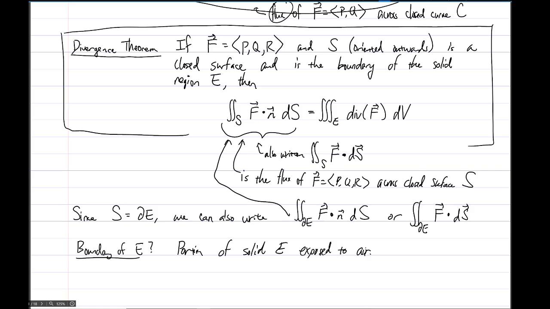Maybe let's try a little better. Let's say you talk about an orange. If capital E is all of an orange, the part that you eat as well as the peel, then the boundary would be the very tiny outside-most layer of the peel. Maybe it's even better with an apple, because the peel is thinner. So if E were the apple skin and everything inside the apple, then the boundary of E is the skin of the apple.